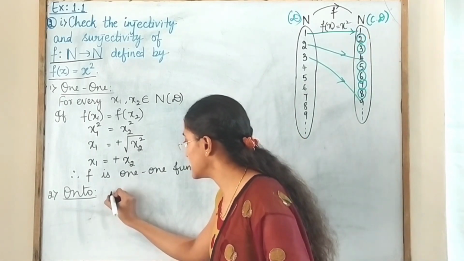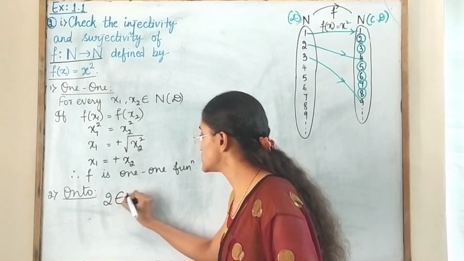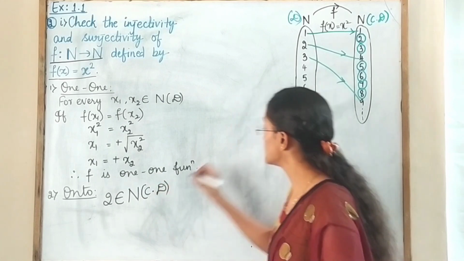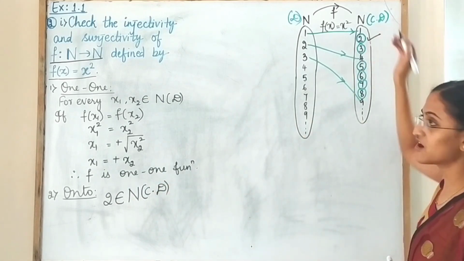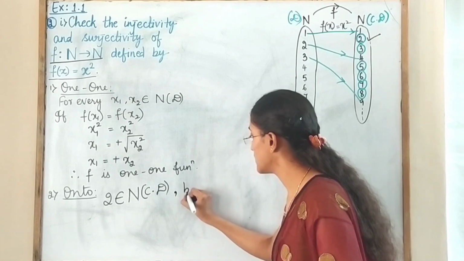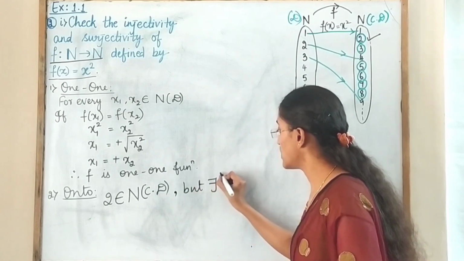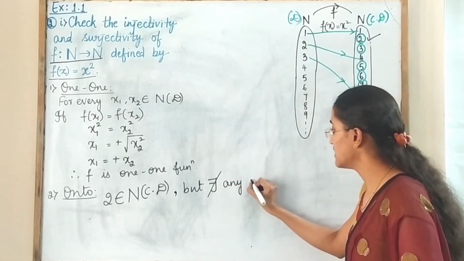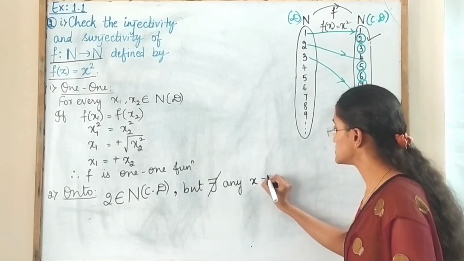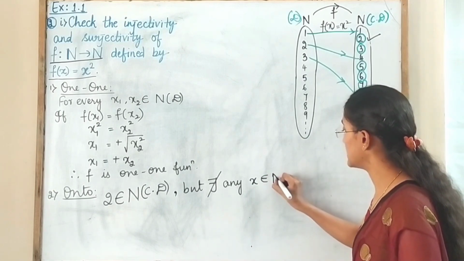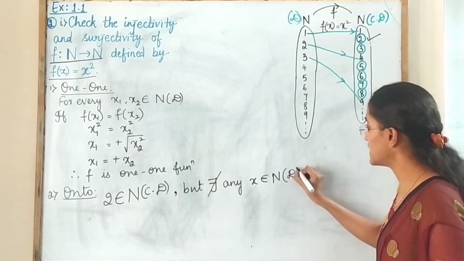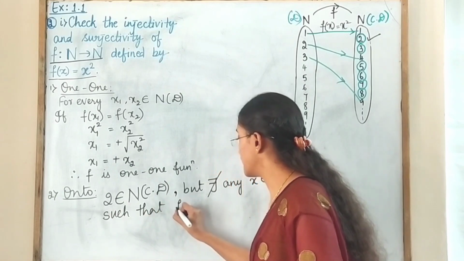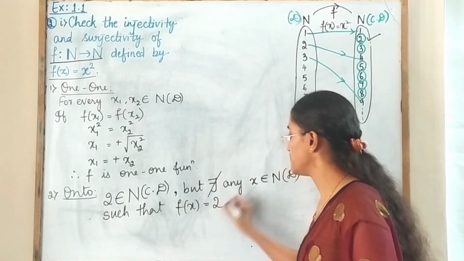Now, you start writing it as 2 belongs to the set of natural numbers, that is in the codomain, right? 2 is an element in the codomain, but there does not exist any element in the domain N, that is any x, which belongs to the natural numbers N from the domain, such that f of x is equal to 2, right?